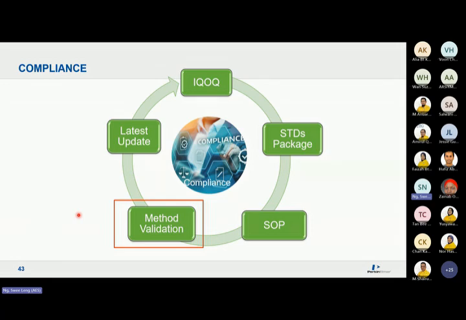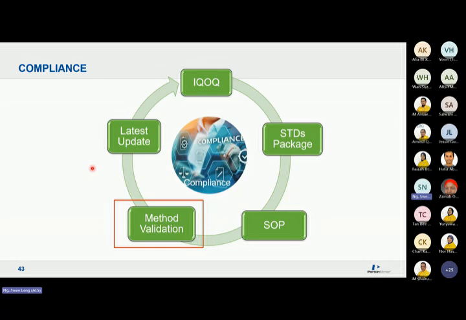Or in pharmaceutical, they have to comply, and they need to do even more than method validation: they need to do IQOQ, and package them all together, so they need to have the SOP all intact. In university maybe you run the calibration for your project and you do not write the SOP out, but we always need to update the SOP, and any update we must use the latest one.